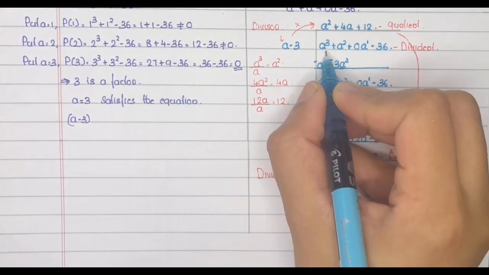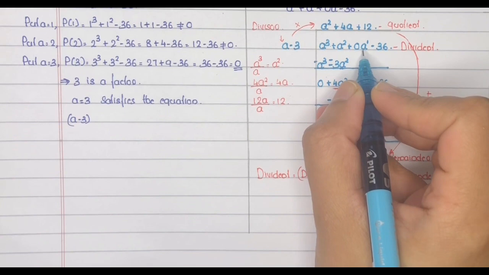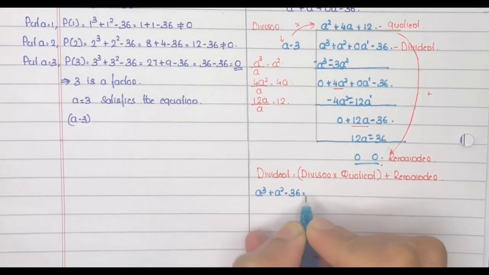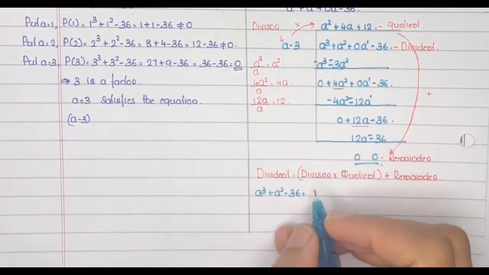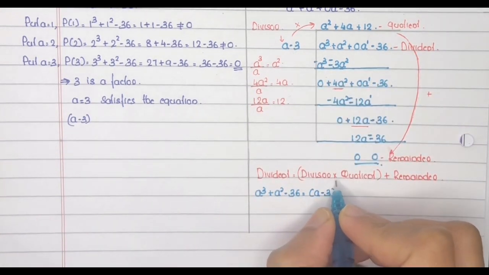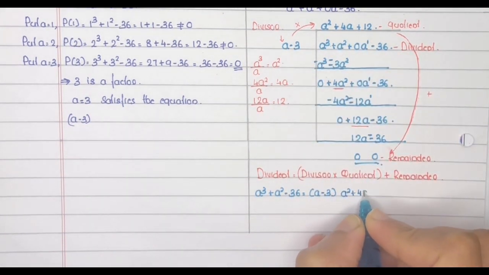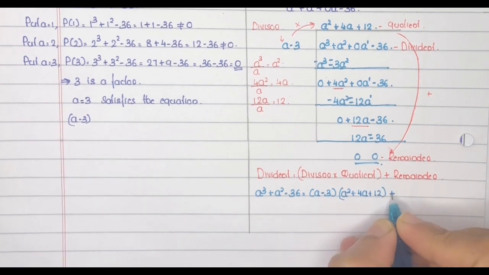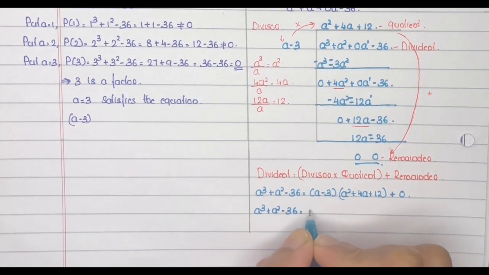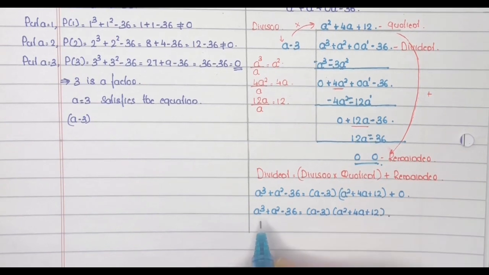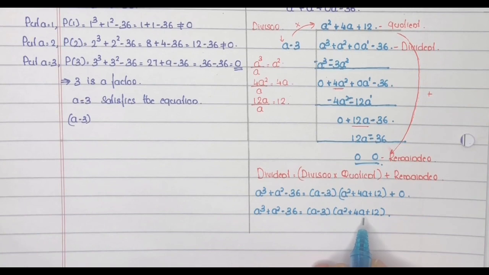Here dividend is a cube plus a square, 0 into a is 0, minus 36, equal to divisor a minus 3, into quotient a square plus 4a plus 12, plus remainder 0. So a cube plus a square minus 36 equals a minus 3 into a square plus 4a plus 12.